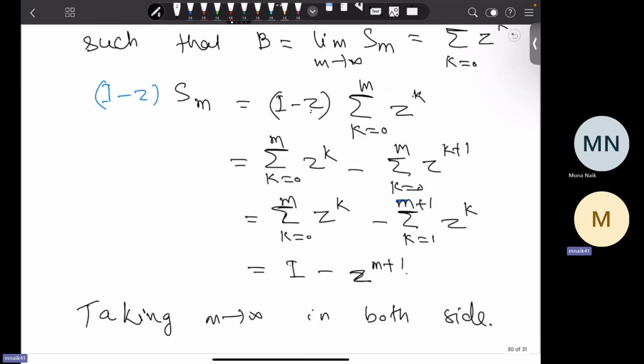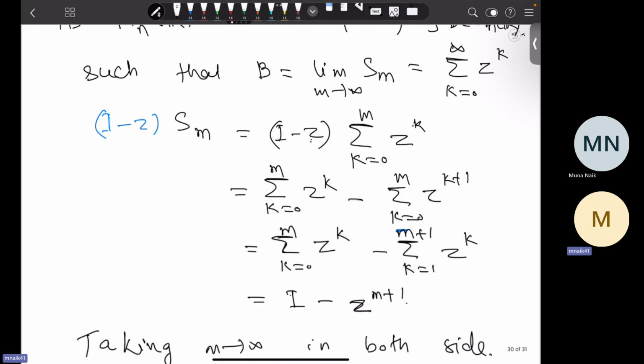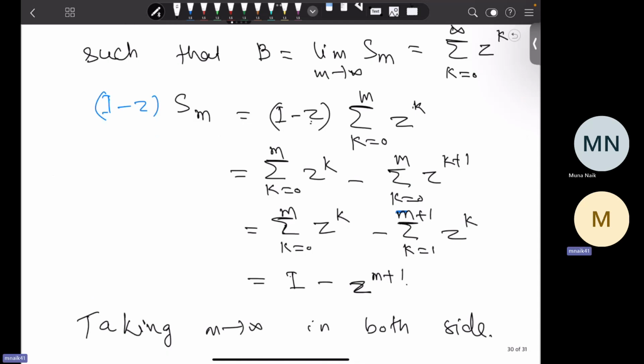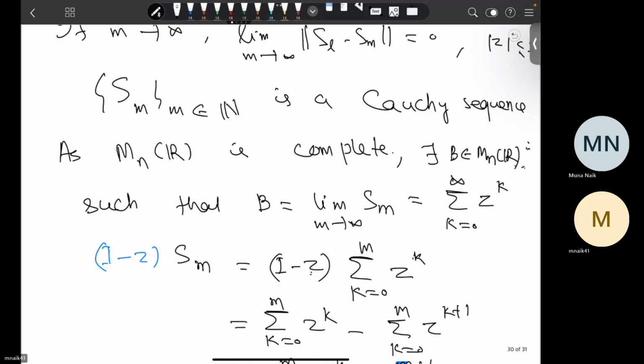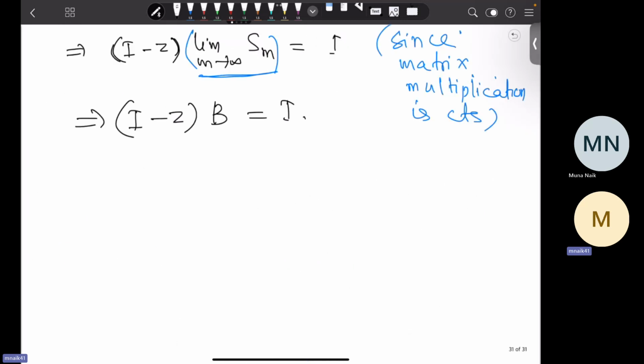Okay. So what I am getting is that I minus z times b is equal to I, and what is b? b is the sum from k equals 0 to infinity of z to the power k.